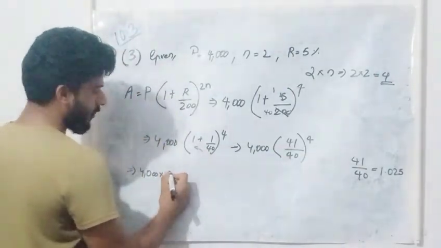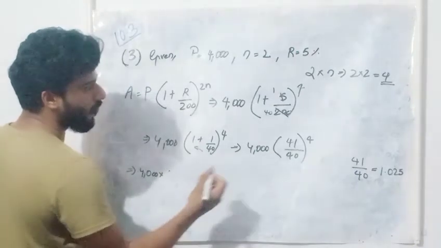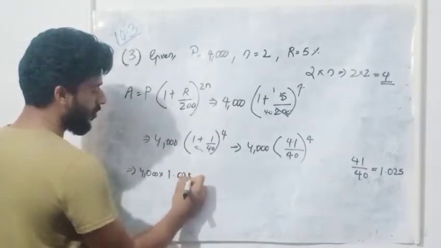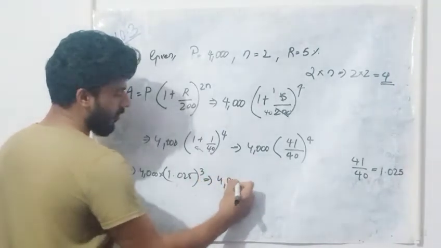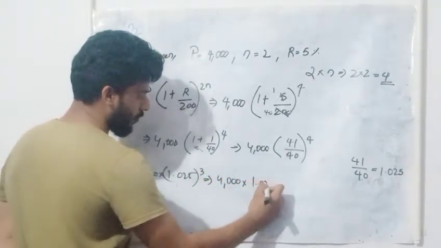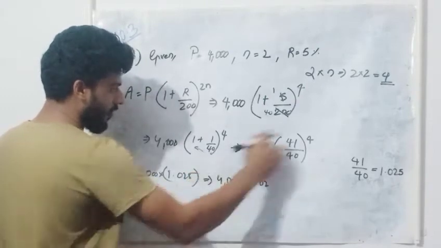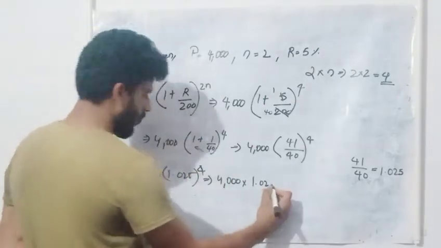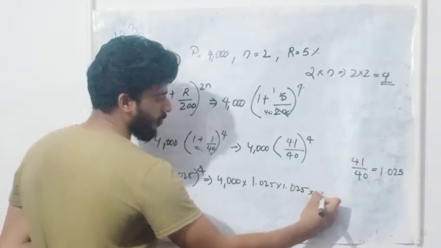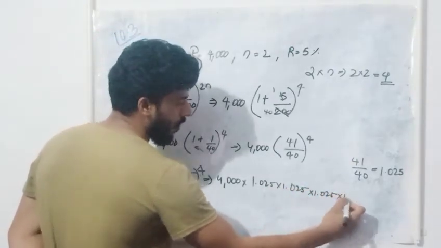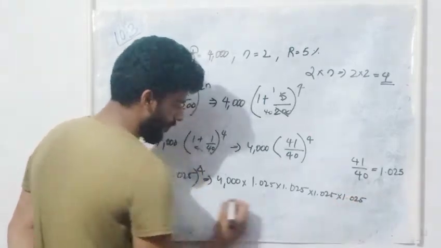Instead of 41 divided by 40, I will write here 1.025 whole raised to 4. Sorry, not cube, here it is 4. So 1.025 into 1.025 into 1.025 into 1.025.